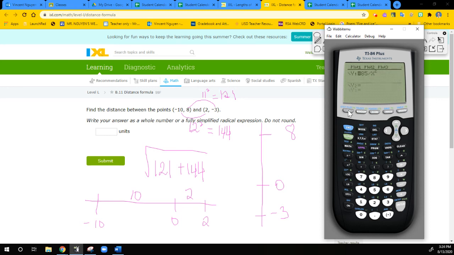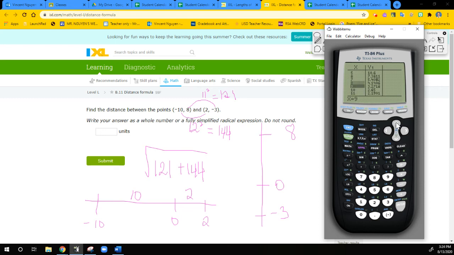So I go to y equals, I do 265 divided by x squared. Okay. Oops. Delete, delete, delete. There you go. So 265 divided by x squared, and then I go to my table, second graph, and I look on the y column and see if there's anything smaller but bigger than 2.